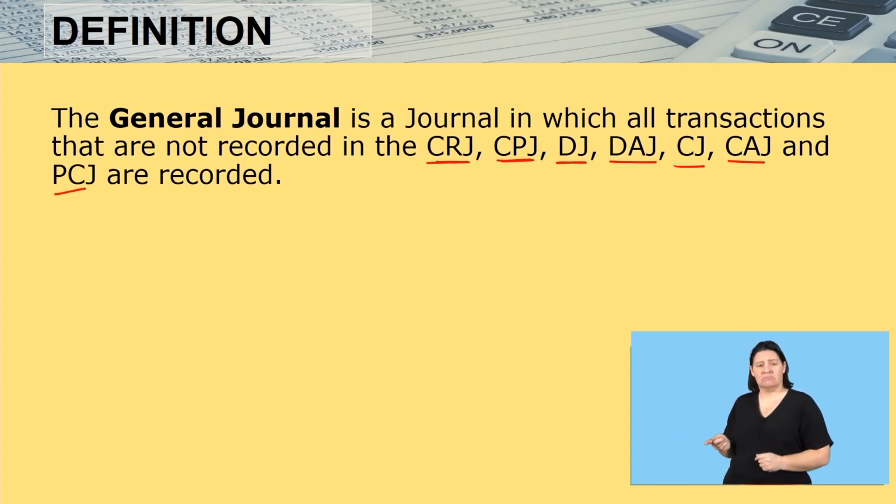In other words, if we have transactions that were not recorded in any of these journals, such transactions will then be recorded in our GJ, the general journal.